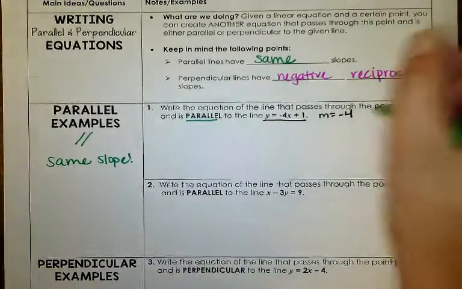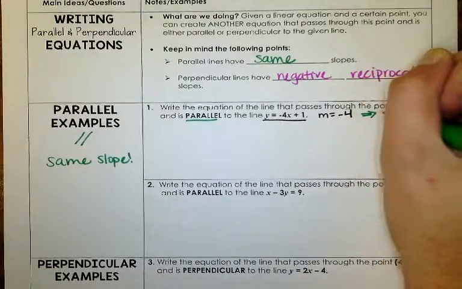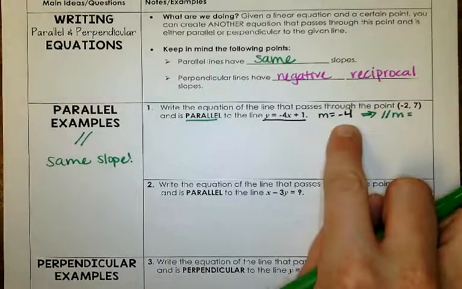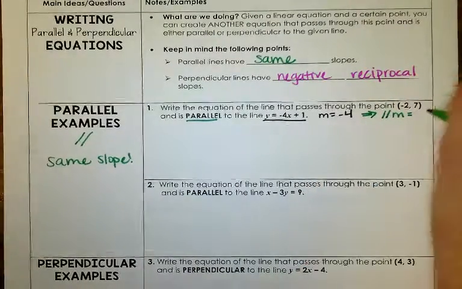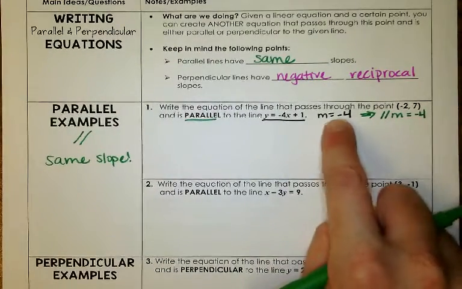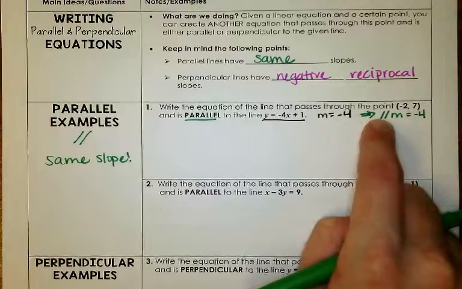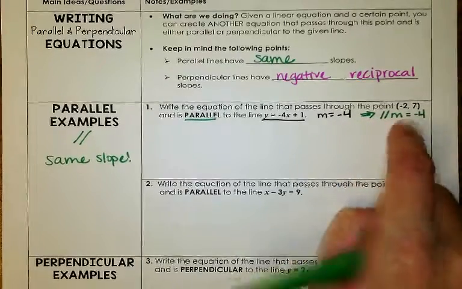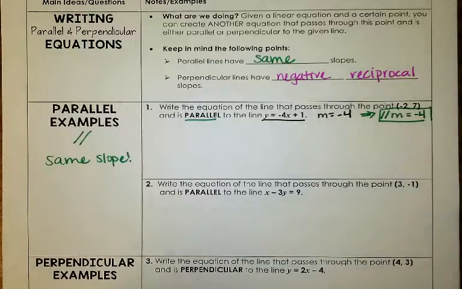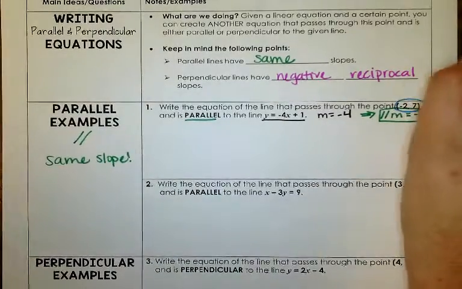So if my original slope is -4, I'm going to draw a little arrow. What is my parallel slope? It is also going to be -4. Do you guys feel good about that? Okay. And then the point that we are going to be using is this -2, 7.